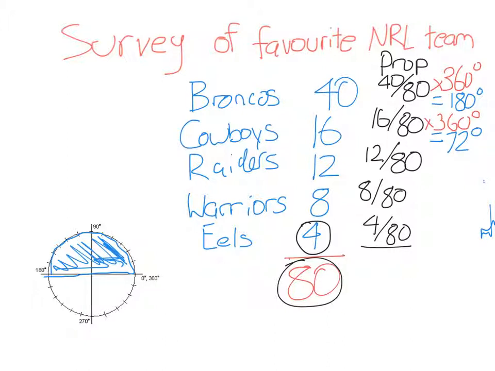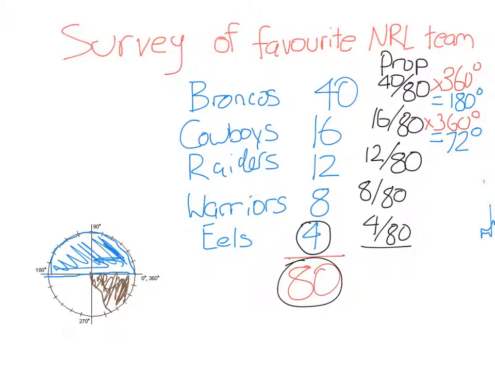Now, that's a hard one to know off the top of your head, so all I do is get the protractor and I measure an angle that is about 72 degrees. So in that case, this is actually going to be about this sector here, okay? Of course, when you don't do it on an iPad, you do it in your book, yours will look a lot better. I'm just showing you that that's how we figure out the area of each sector. Now, it doesn't matter if you're not 100% correct.